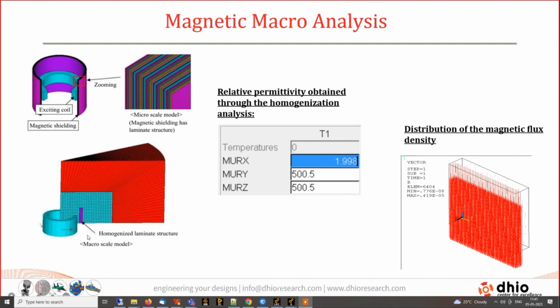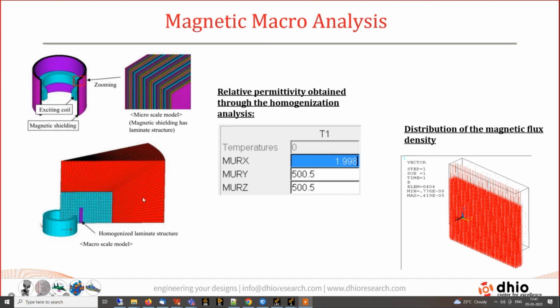So this is the macro scale model. Our aim in performing the macro model is to get the distribution of the magnetic flux density. In order to do that, we need to know the relative permeability and the permittivity. This information can be gathered from multiscale.SIM.